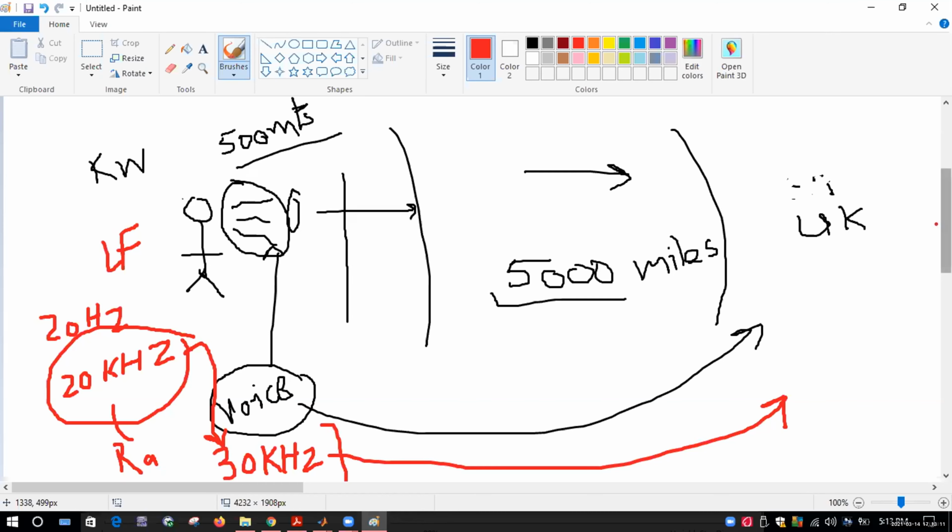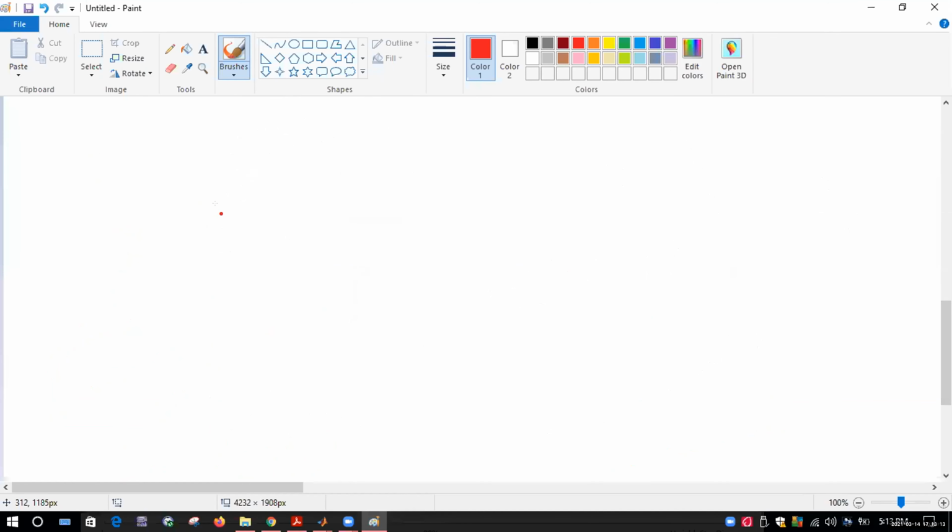So it's something like this. Before this, you had to walk, let's say, from place A to place B, and you went there on foot.